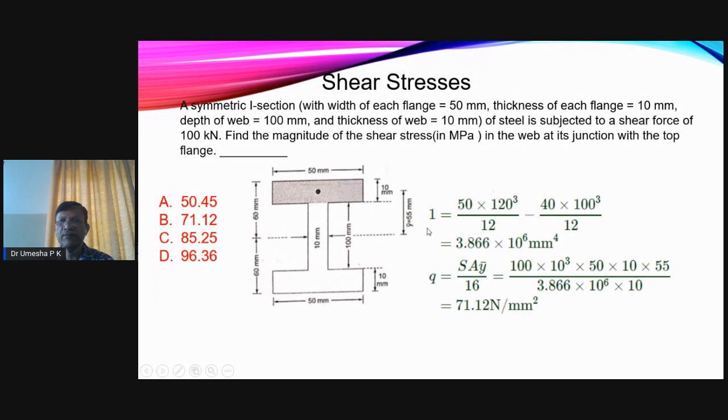So the moment of inertia of the I section can be calculated for this portion. Once you know the moment of inertia, the shear force they have given, that is 100 kilonewton, and the area of this portion, 50 into 10, and this is the centroid distance from here, that is 55 mm, divided by moment of inertia into b. b will be at this portion only, so 10 mm. Once we simplify that, we'll be getting 71.12. That is the answer. B is the correct one.